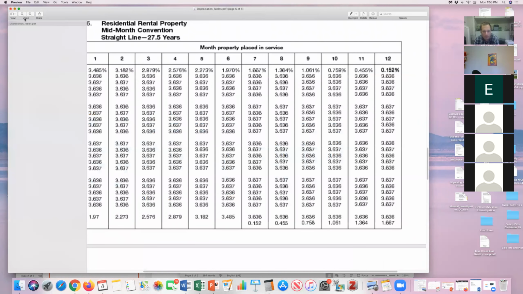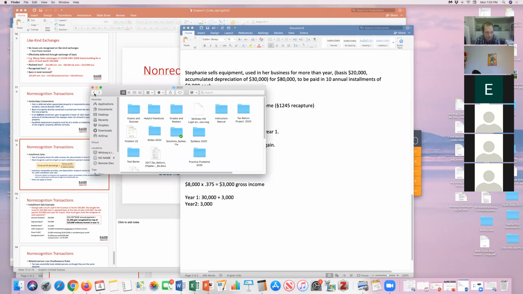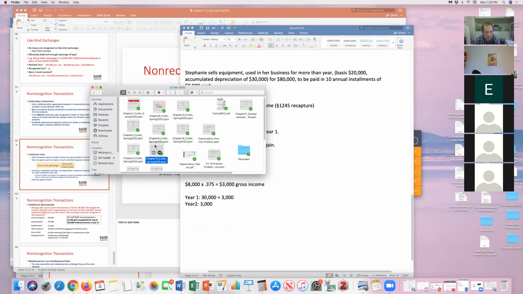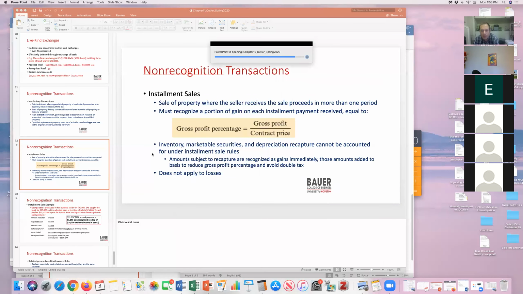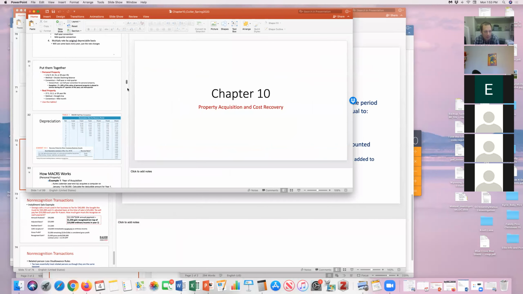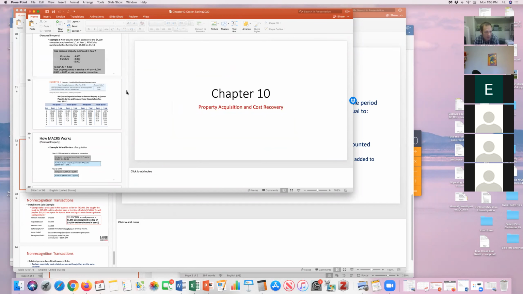Let me pull up my slides. I don't know if I have chapter 10. And I think the book has different limits. We only use the limits on the slides, correct? Correct. When they published the book, they didn't have the updated ones yet.